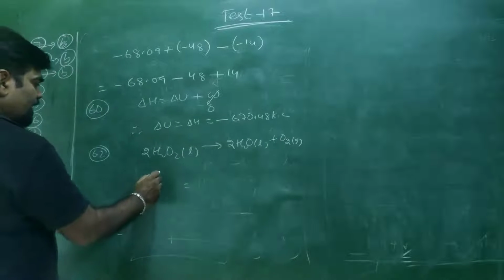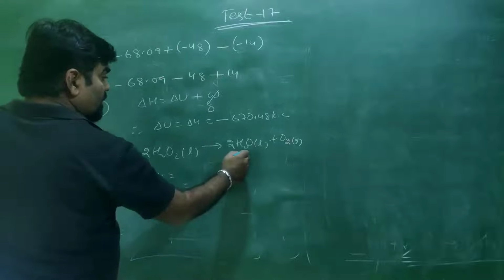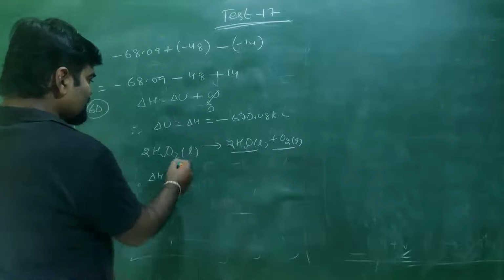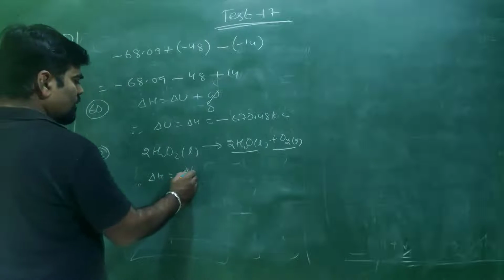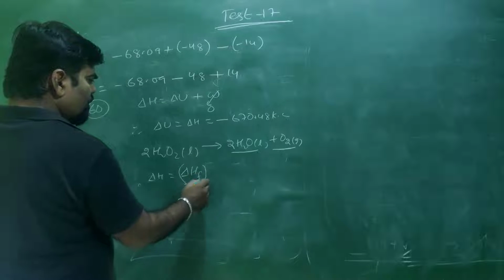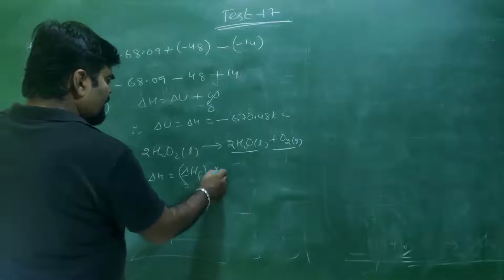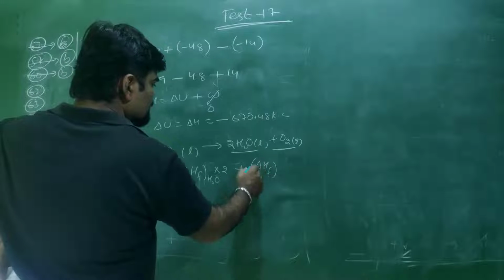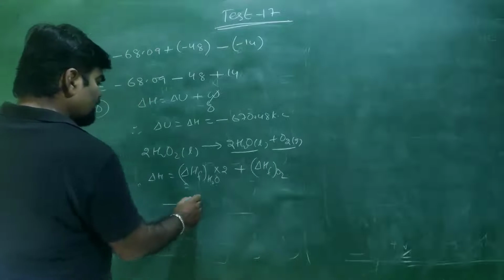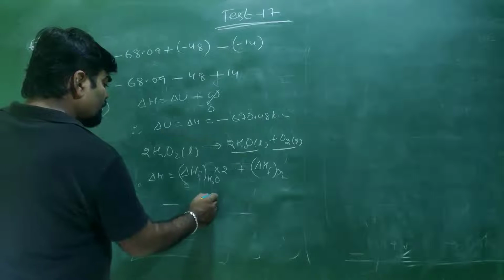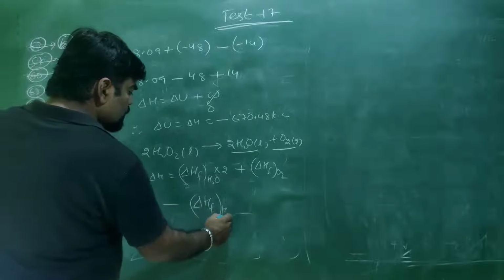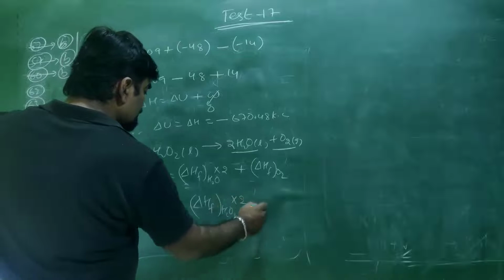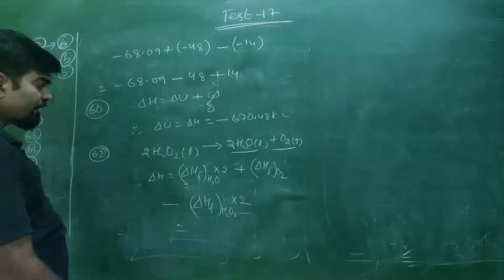Okay, delta H for the reaction is summation of enthalpy of product minus summation of enthalpy of reactant. So enthalpy of formation of water multiplied by 2 plus enthalpy of formation of oxygen minus enthalpy of formation of H2O2 multiplied by 2. Solve this equation, you will get the value.